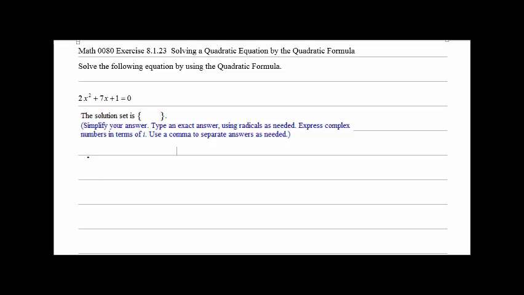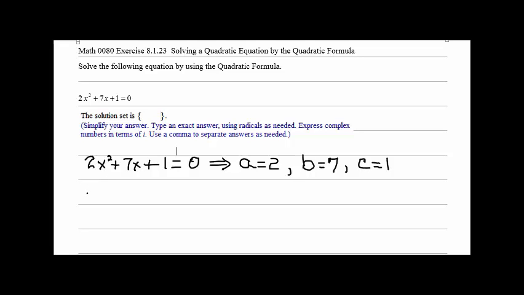So in this particular equation, 2x squared plus 7x plus 1 equal to 0, we see that a is 2, that's always the coefficient of x squared, b is 7, that's always the coefficient of x, and c is 1.